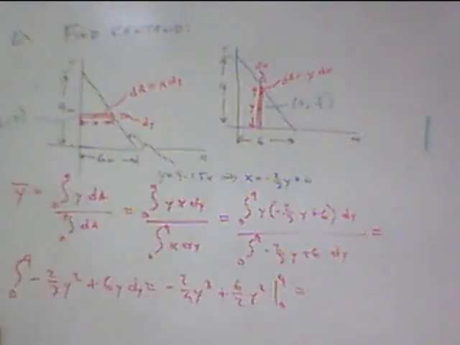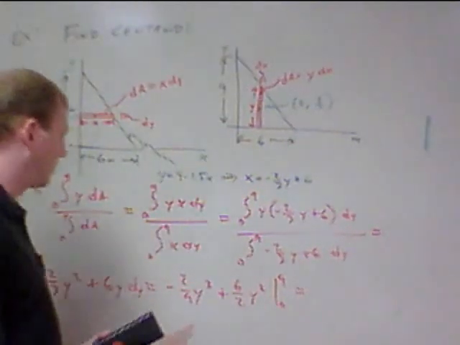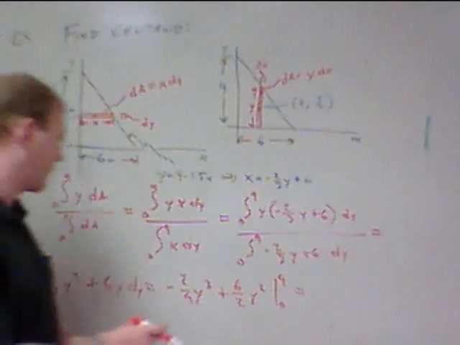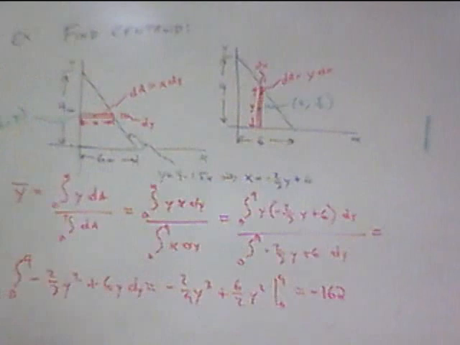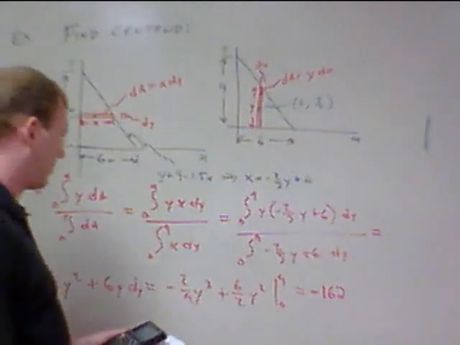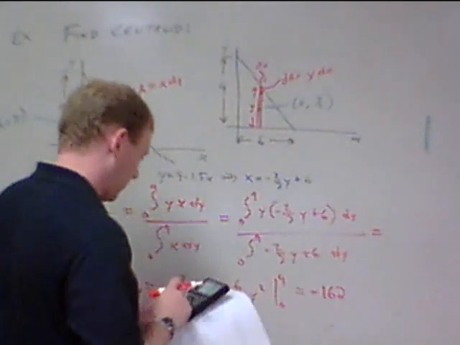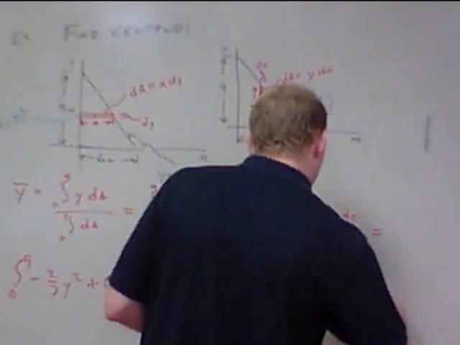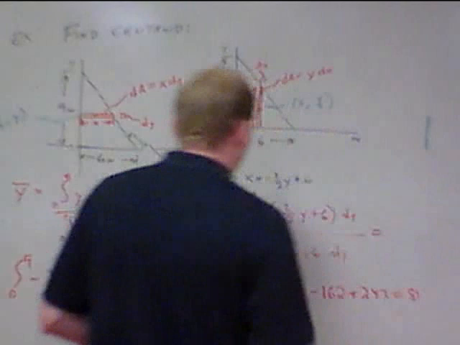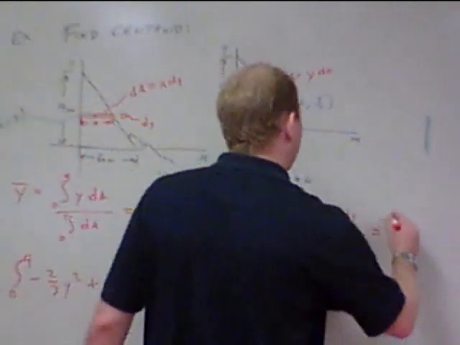That ends up equaling 2/9 y cubed, 81 minus 1 is equal to 2. 81 times 3 is 243. Okay, so the numerator ends up equaling just 81.